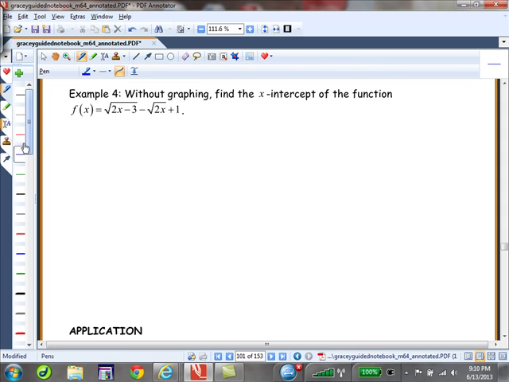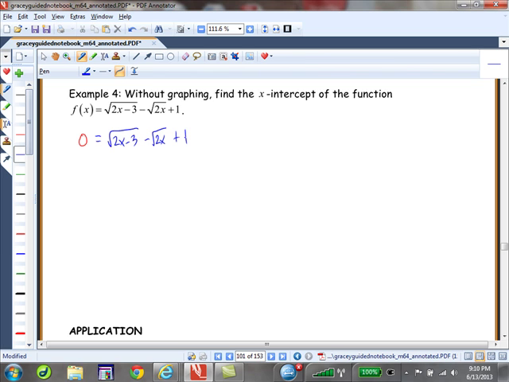So in order to find the x-intercepts, you set f of x equal to 0, and then you solve the resulting equation. At this point, you should be able to pause the movie and solve. So why don't you give it a shot? Okay, let's see how you did.